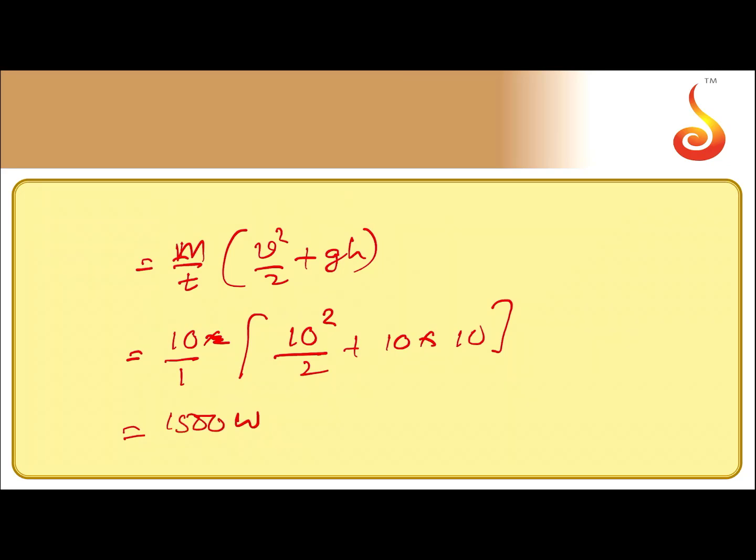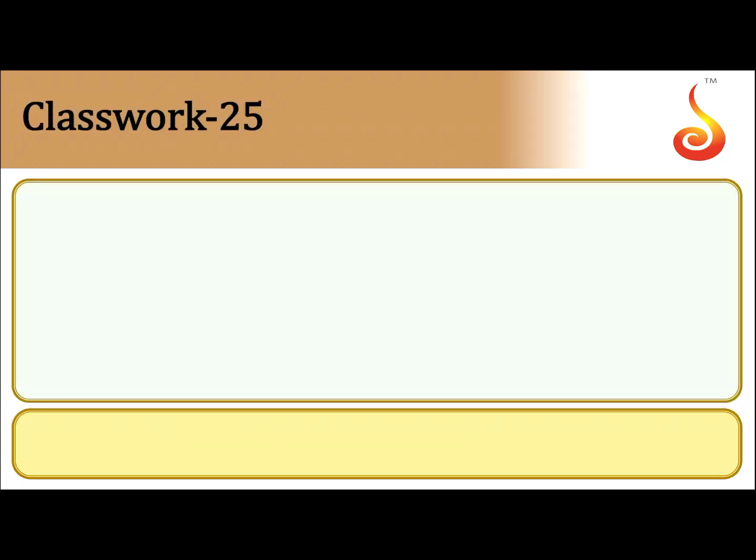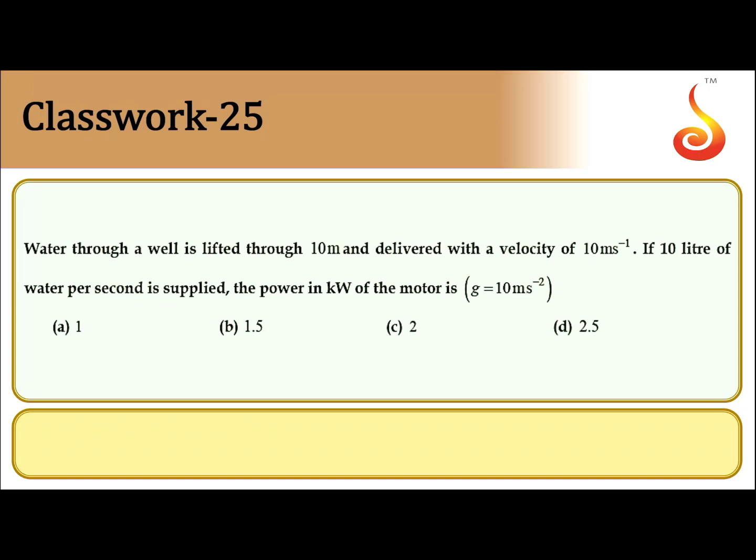So, 1500 watt is the power. So, the power required is 1.5, that is 1500 watt, which actually corresponds to 1.5 kilowatt. So, 1.5 kilowatt is the answer for this one. B is our correct choice.